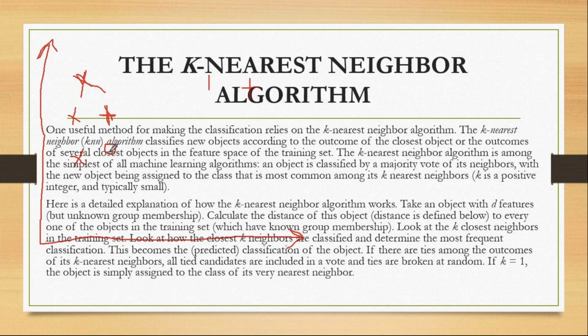Now, if I have k equal to 3, then there are three nearest neighbors, and one of them is of one type and two are of another type, so it becomes a cross. So if my k value was 1, it was plus, and if my k value is 3, it becomes a cross. Now let's say these are the four samples I have altogether, and if I make k equal to 4, then the classification again becomes a cross.